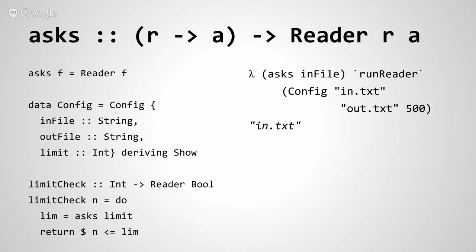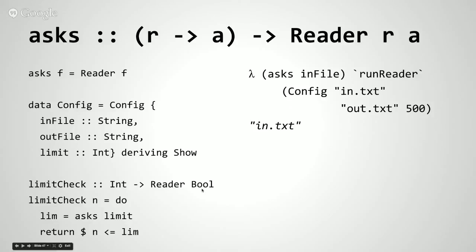Asks is kind of like ask, but you pass in a function with it, which gives you sort of a view on that state. It's R to A for some other A, and it returns F of that state. So for example, asks limit is the function that returns the limit, or it's the reader action that returns the limit of the config.